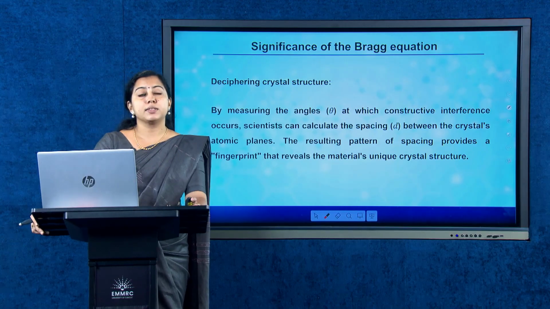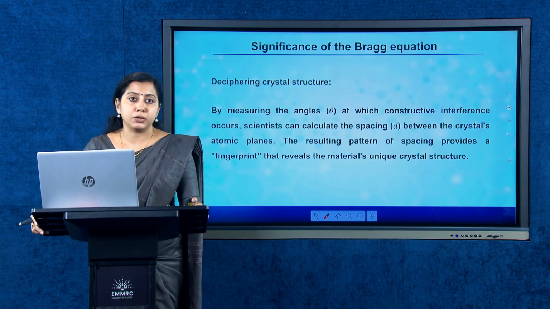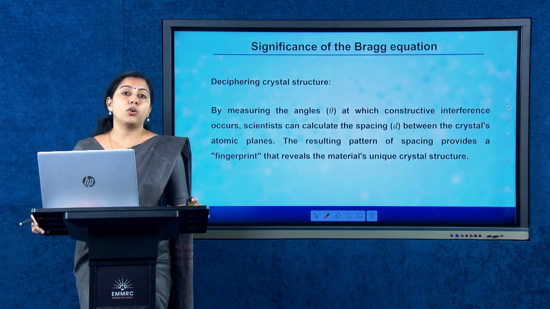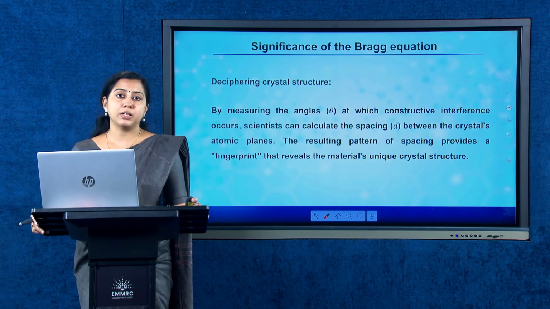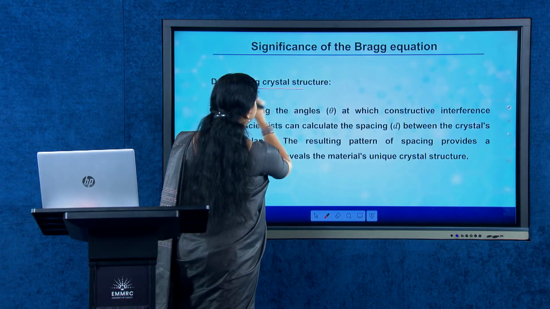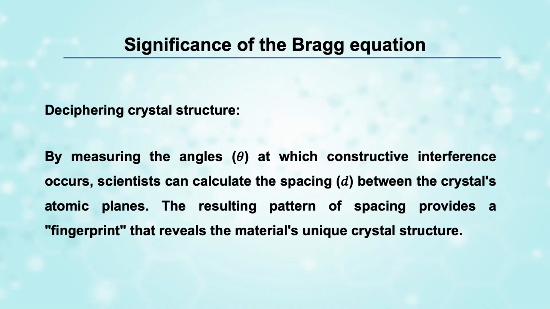Now, let us see what is the significance of Bragg's equation. The main significance of Bragg's law lies in deciphering the crystal structure. By measuring the angles theta at which constructive interference occurs, we can calculate the spacing d between the crystal's atomic planes.